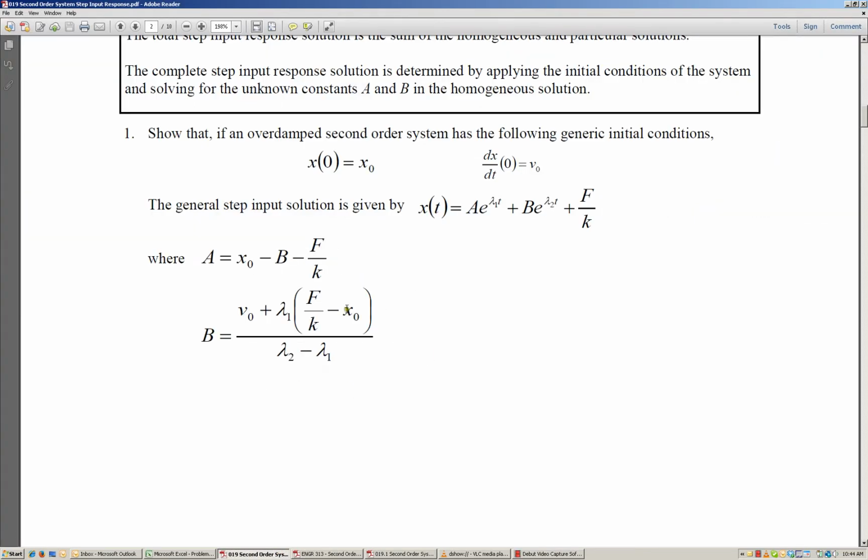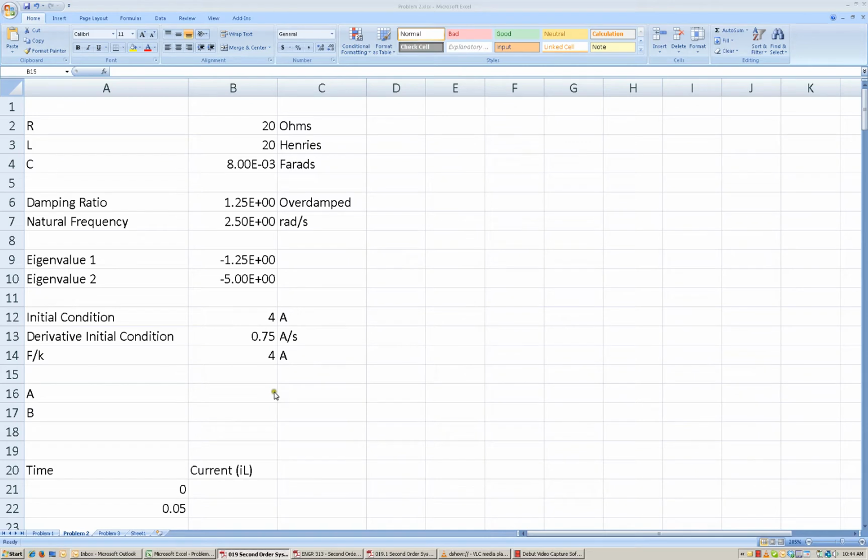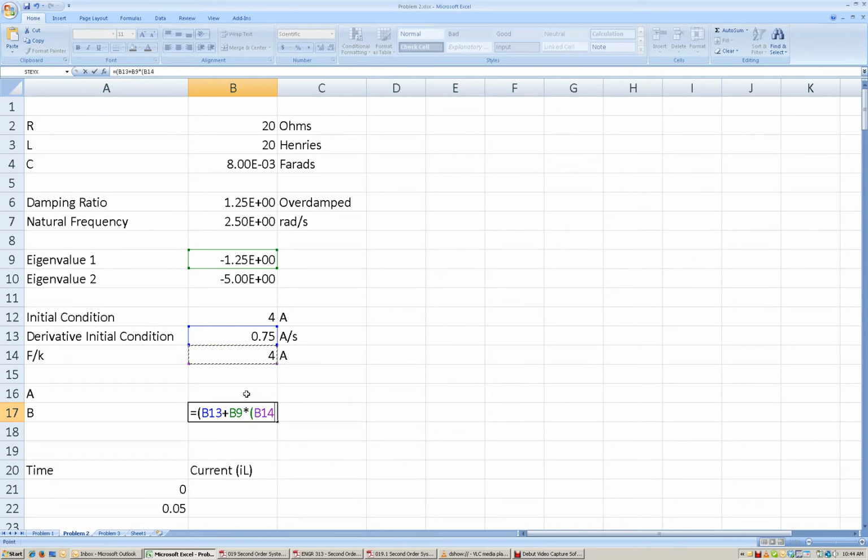using these formulas right here for the overdamped system, the constant values A and B. So I'm going to use those relationships to determine the constant values A and B that are going to be given for our solution. So B right here is given as the derivative initial condition, V0, plus the first eigenvalue times the quantity of F over K minus the initial condition.